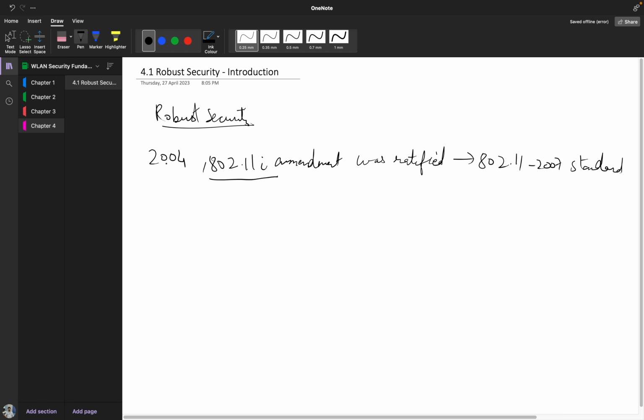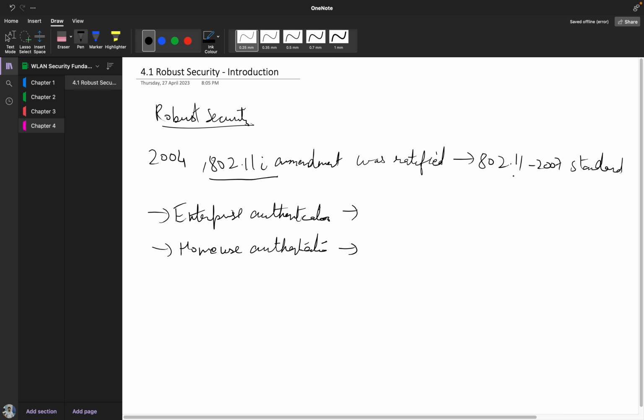Okay, so the 2007 standard defines an enterprise authentication method as well as a method for authentication for home use. So two things came out: the enterprise authentication method, and the authentication methods for home use. This current standard defines the use of 802.1x authentication and the use of a pre-shared key.